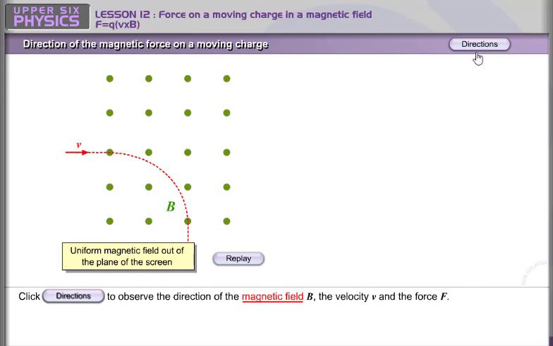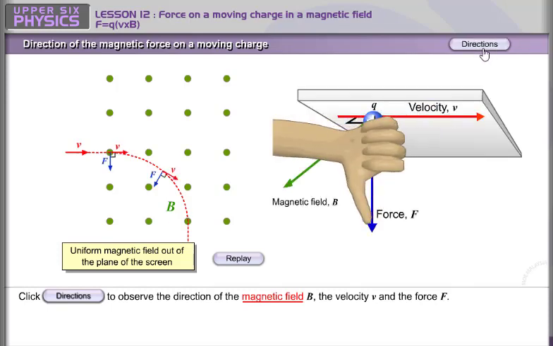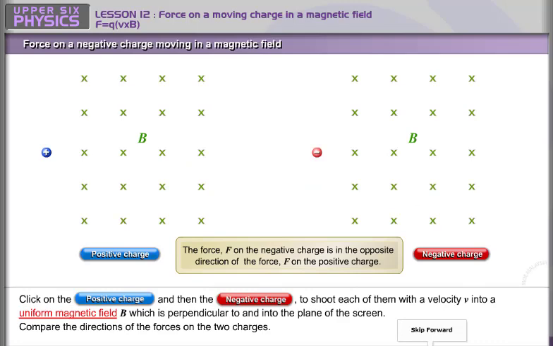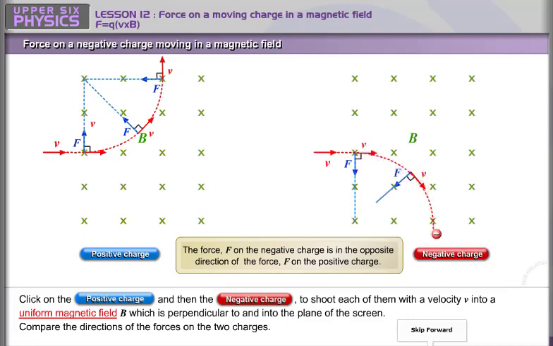Click the Directions button to observe the direction of the magnetic field B, the velocity v, and the force F. Click on the positive charge button and then the negative charge button to shoot each of them with a velocity v into a uniform magnetic field B, which is perpendicular to and into the plane of the screen. Compare the directions of the forces on the two charges.